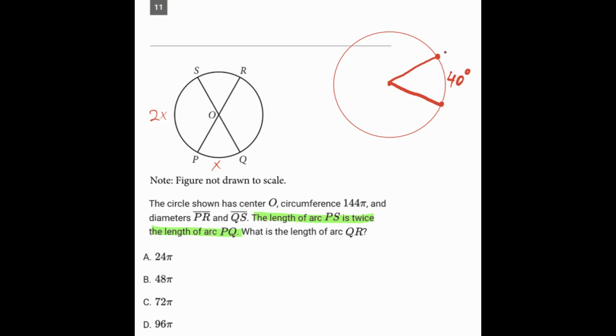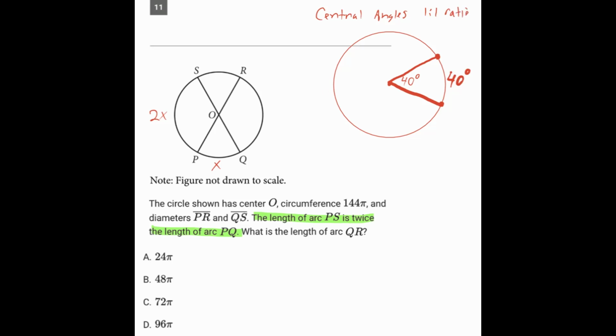In other words, that's 1/9 of the circumference of the circle. In any case, if this is a 40-degree arc, then this is a 40-degree angle, because central angles have a 1-to-1 ratio with the arc that they correspond to.